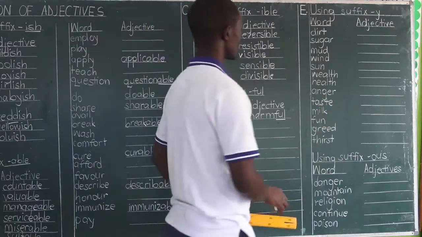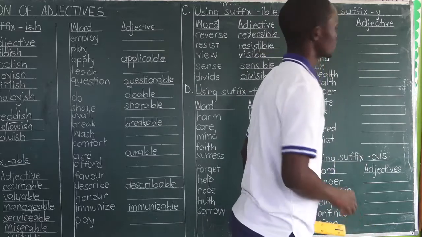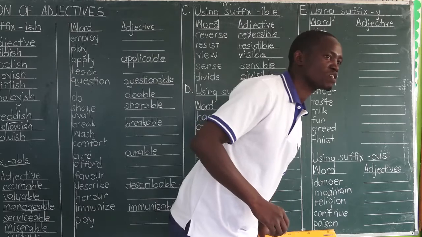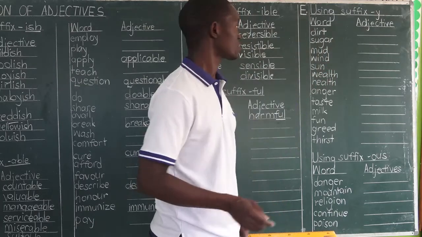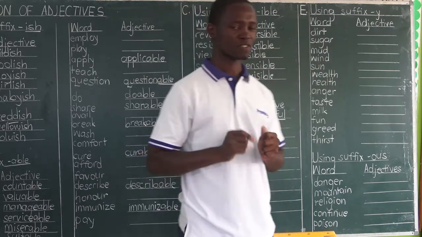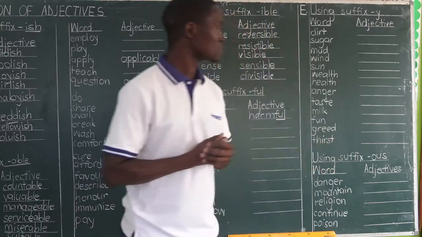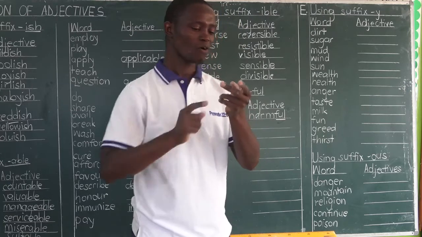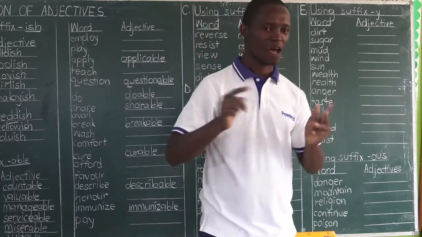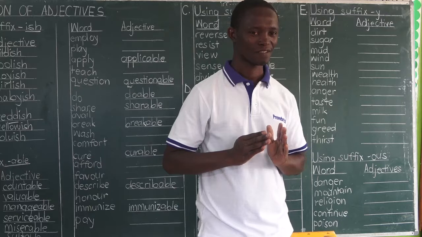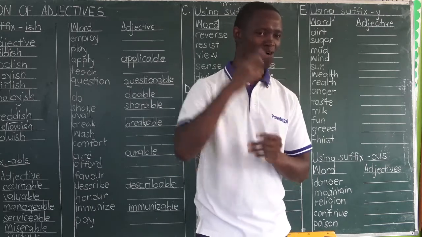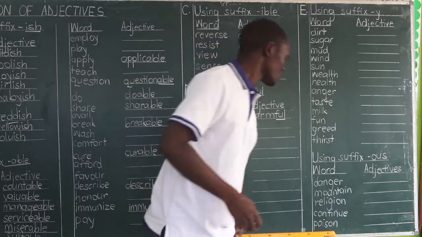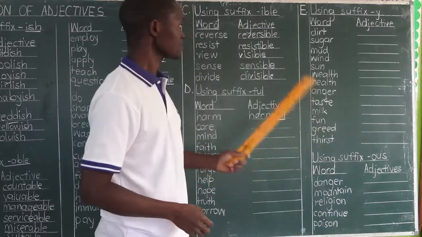The second last category is that of suffix y. We are going to form adjectives using suffix y. Remember we said a suffix is a letter, meaning it can be one letter or a group of letters added to the end of a word. You add one or two or more letters to form another word, which should be an adjective in this case.